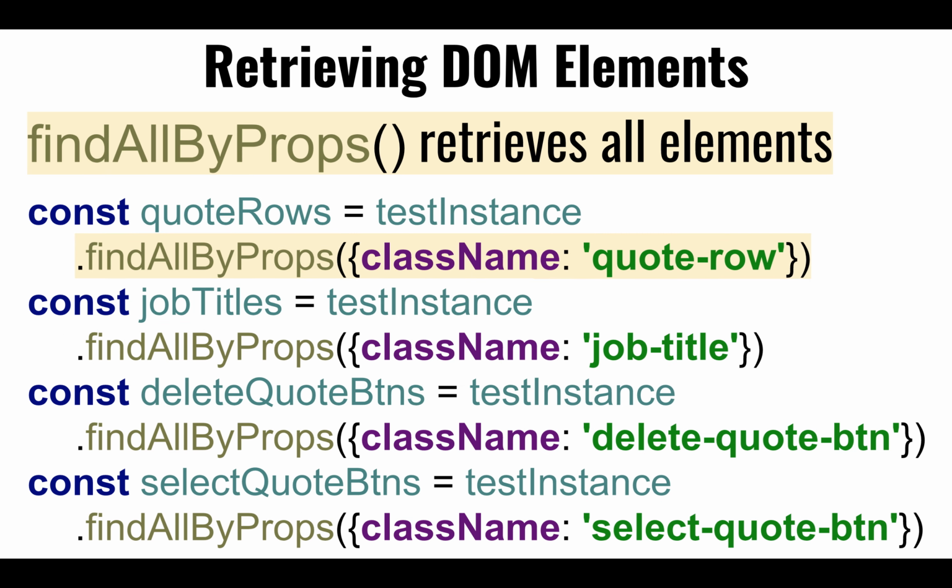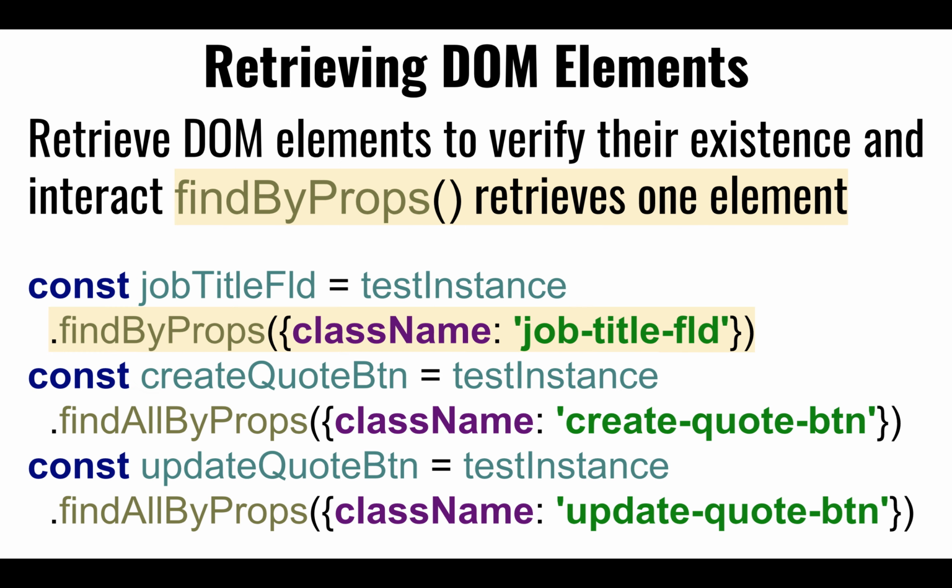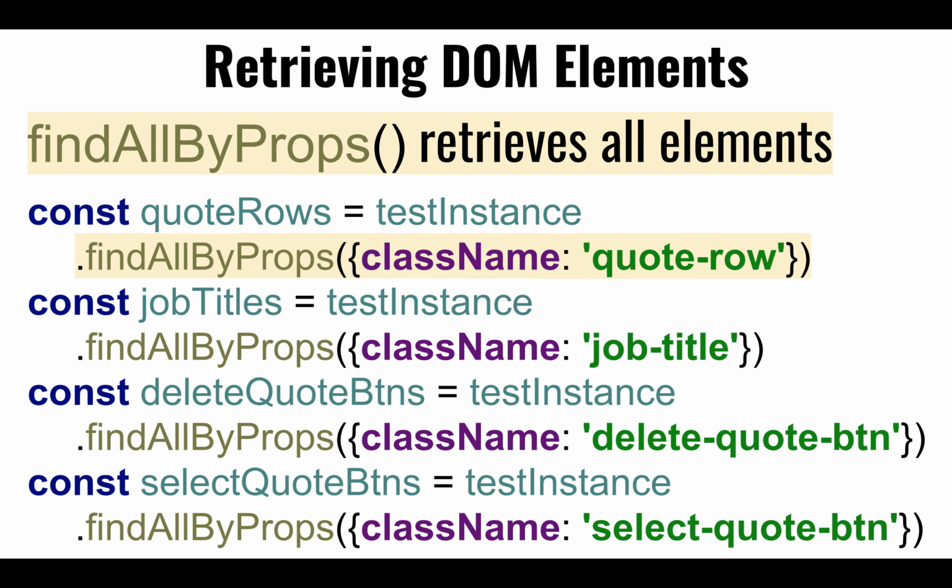And quote rows: since we passed in the quotes, which contain two quotes in an array, if we retrieve all the rows, there should be two. And we can retrieve also the title from the editing title. There should be two delete buttons. There should be two select buttons.